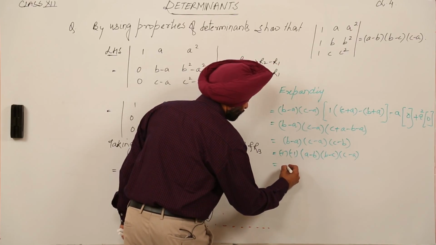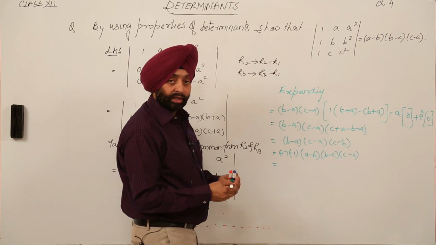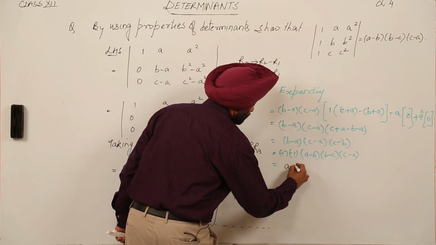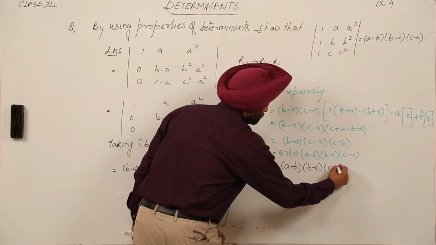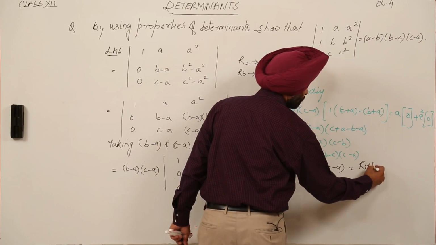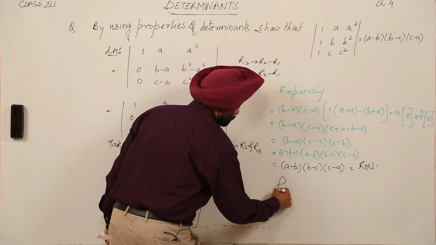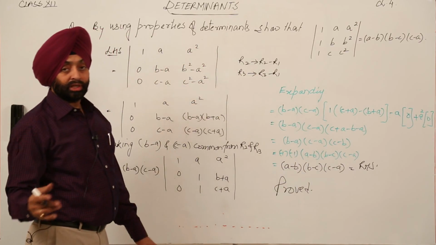Negative with negative is positive. So it is a minus b, b minus c and c minus a, and this is the right hand side. Hence we have proved it. The question has been proved.